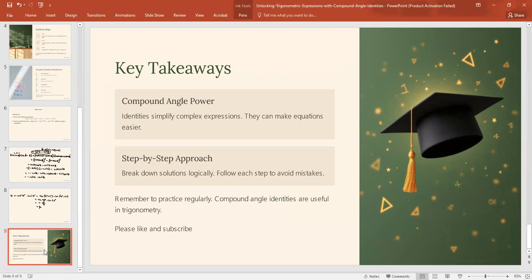They can make equations much easier. We discussed a step-by-step approach, how to break down solutions logically and follow each step without making mistakes. So remember to practice, because practice makes perfect.